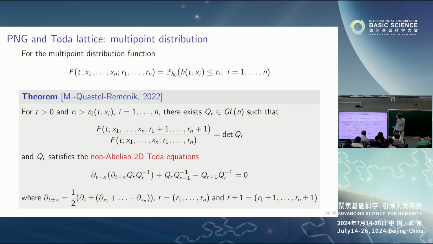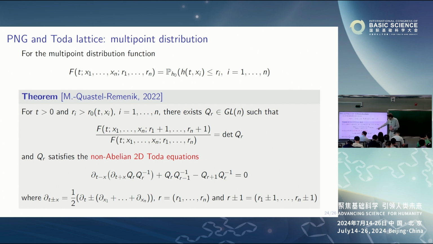So there is an analogous result for the multi-point distribution function of PNG. So now I take n points, n spatial points, n values r, and I look at the multi-point distribution function, which I denote by f. Then what we can show is that the ratio of these two functions f is equal to the determinant of some n by n matrix.